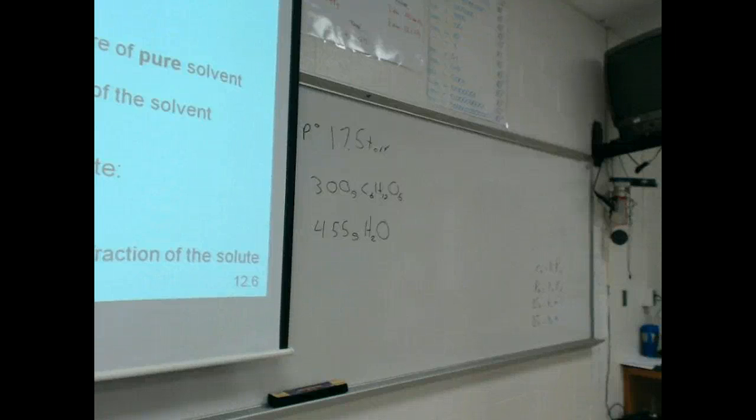Brenda? I think we're going to have to do some calculations. Well, we want a mole fraction, and we're given grams, so what do you suppose the first thing we're going to have to do with it?